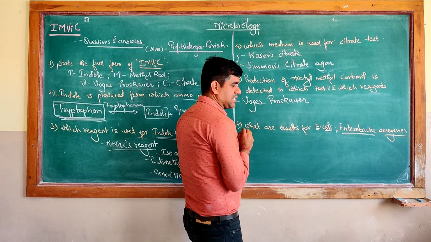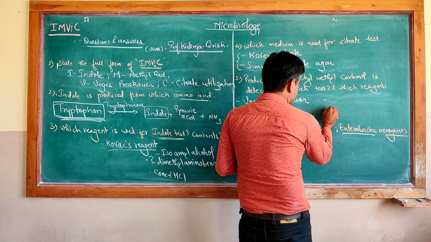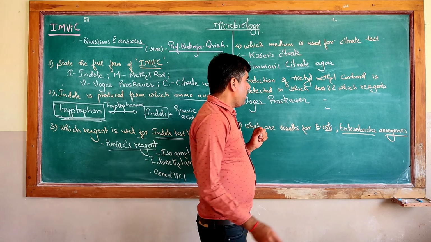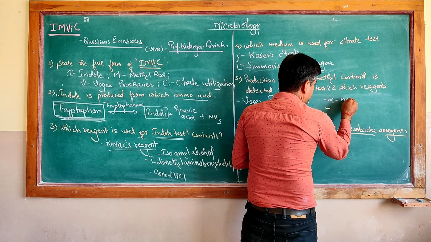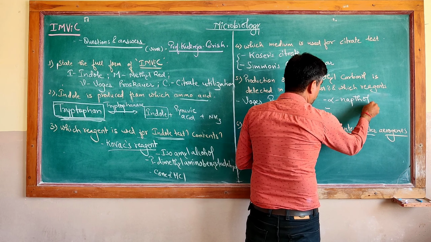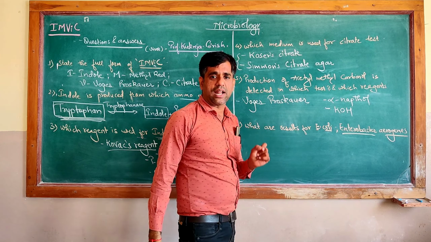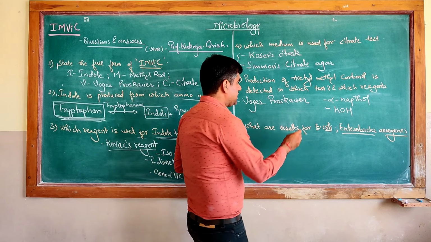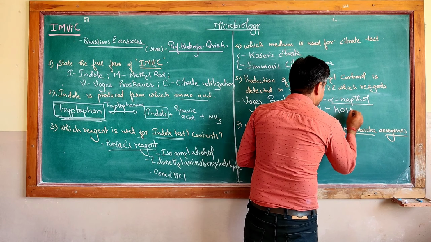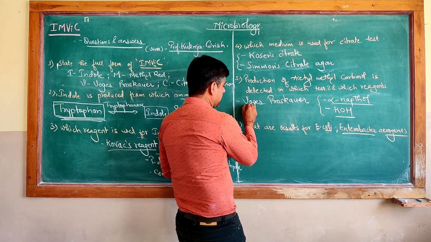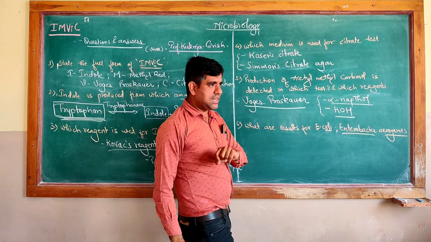And what does it contain? It contains Barritt's reagent, Barritt's A and Barritt's B. It contains alpha naphthol in alcohol, and a 40% solution of KOH or potassium hydroxide. So which test? Voges-Proskauer.